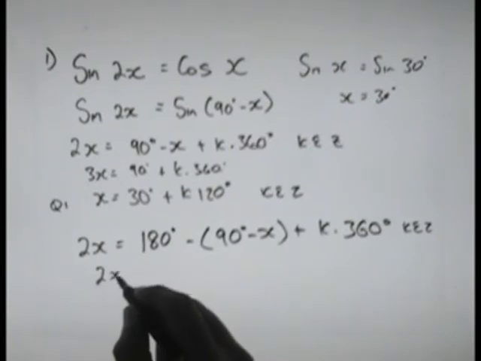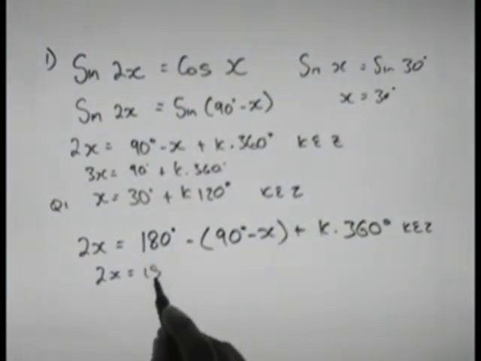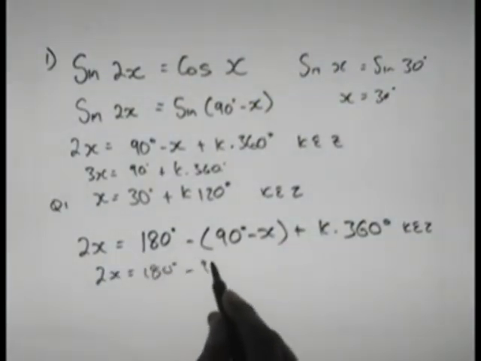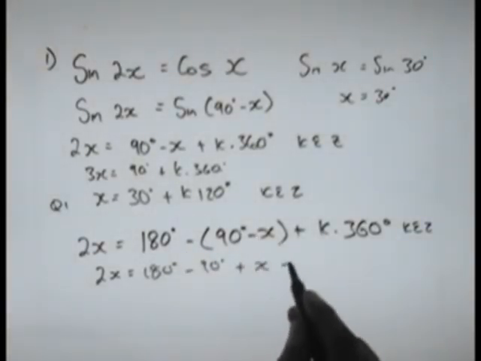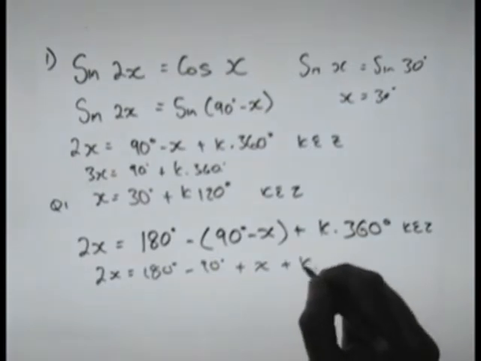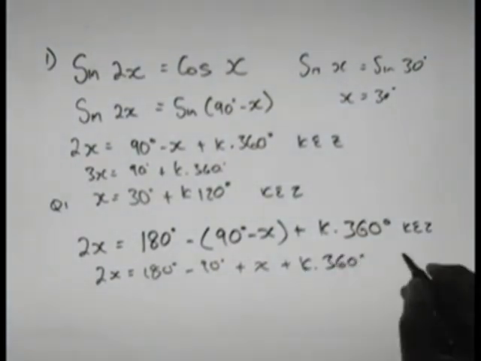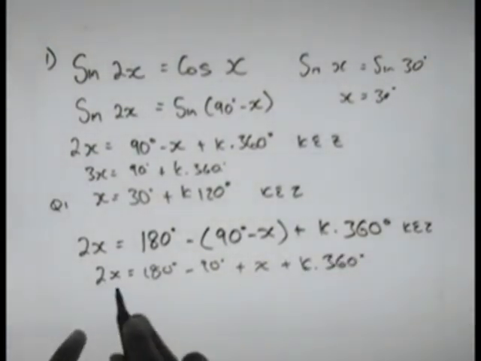Or 2x is equal to 180 degrees minus 90 degrees plus x plus k times 360 degrees. That x can come across.